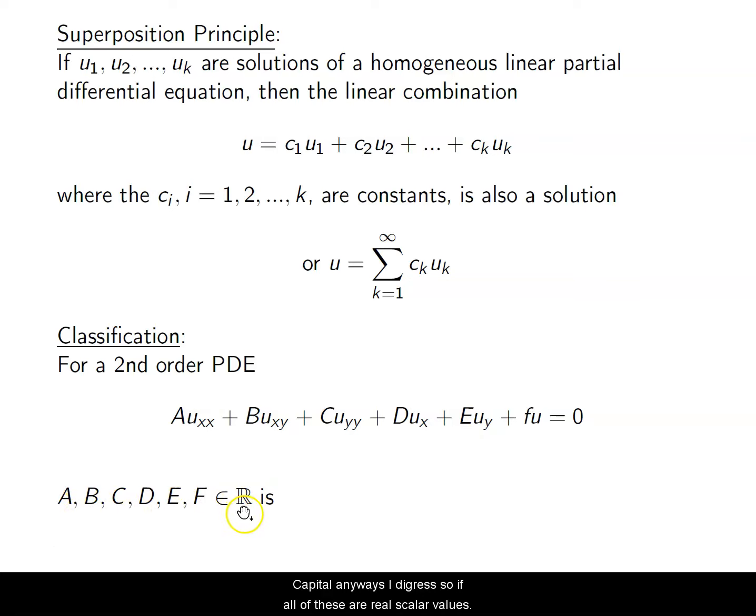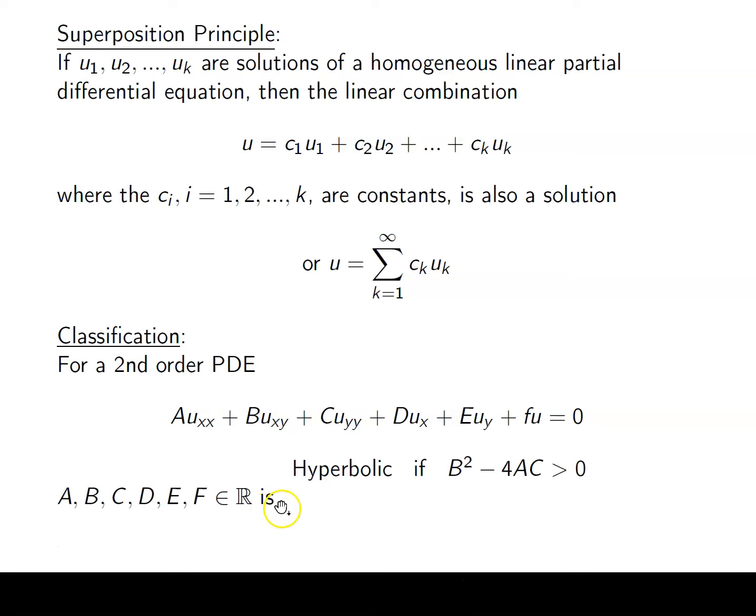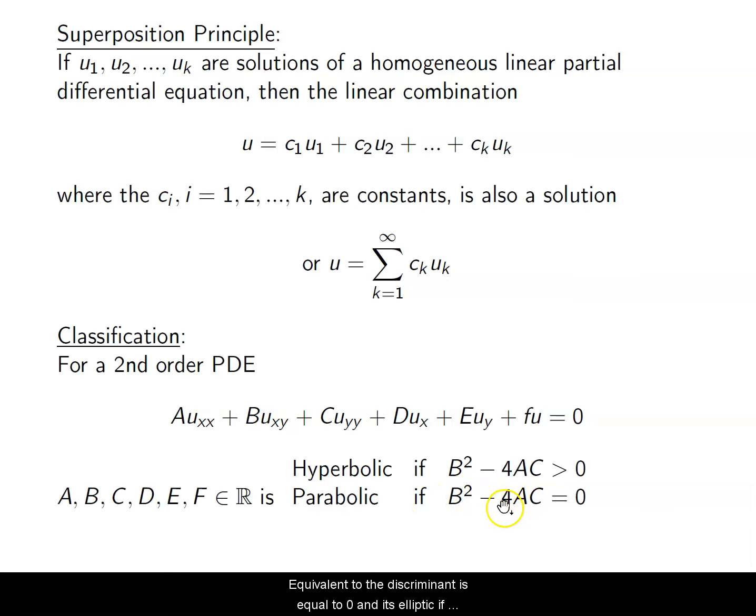If all of these are real scalar values, then my DE can be classified as hyperbolic if, and this should look very familiar from algebra, b squared minus 4ac is positive. It's parabolic if the discriminant is equal to 0, and it's elliptic if the discriminant is negative. So I can classify it as hyperbolic, parabolic, or elliptic.